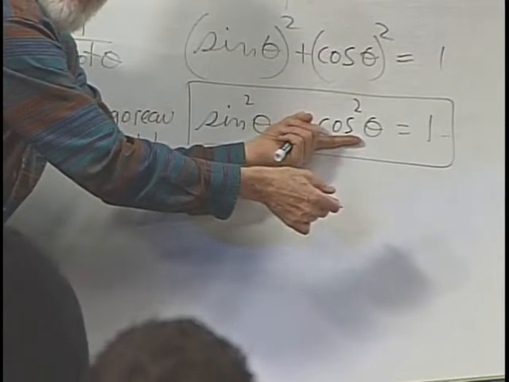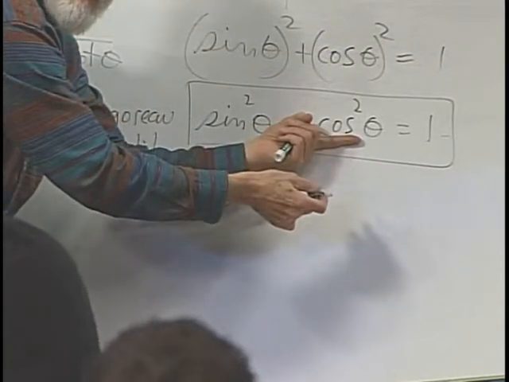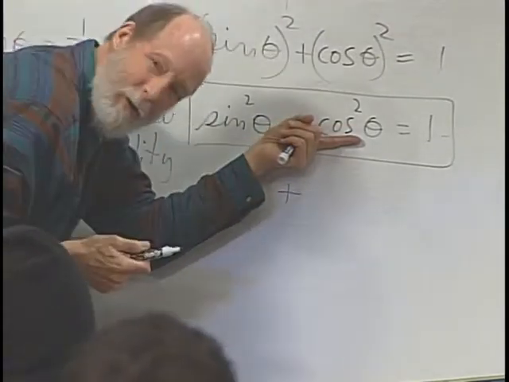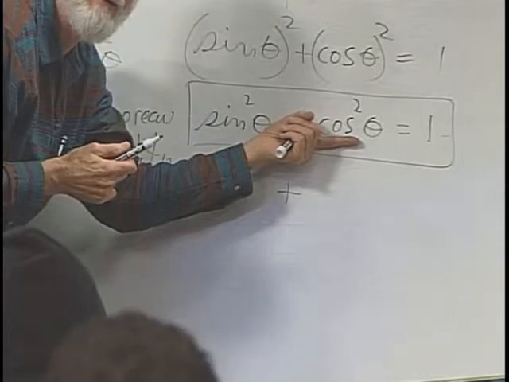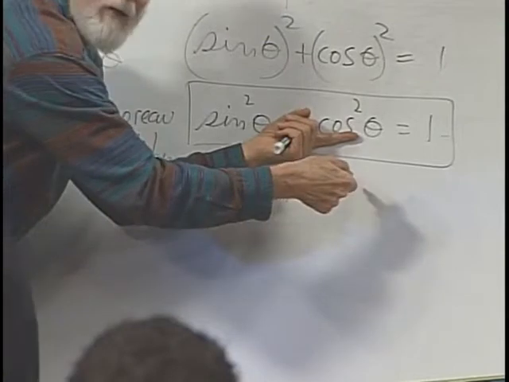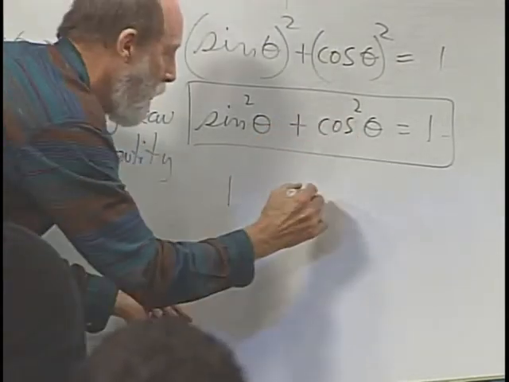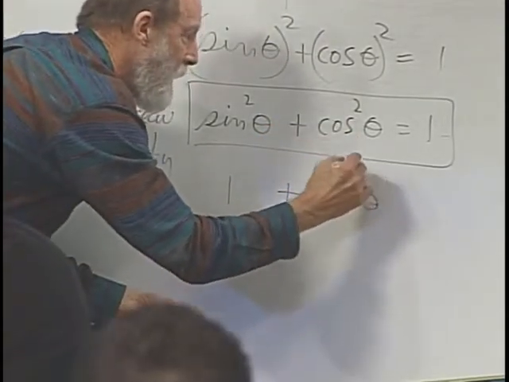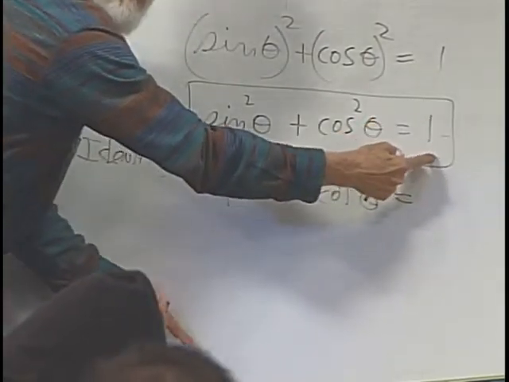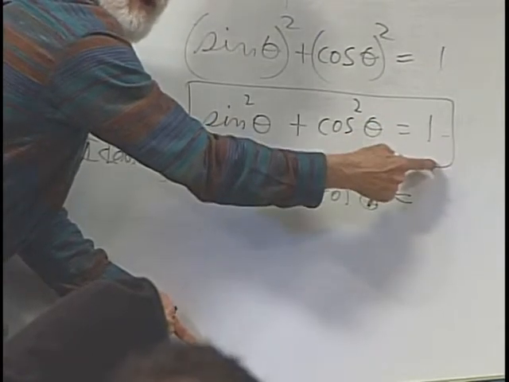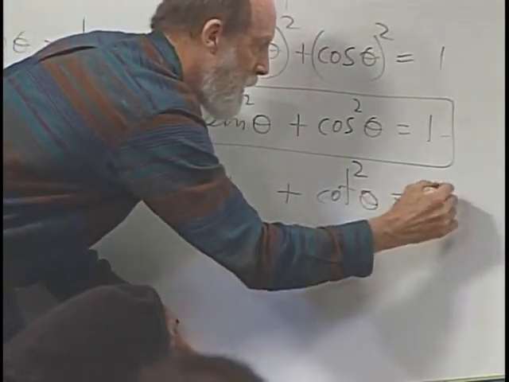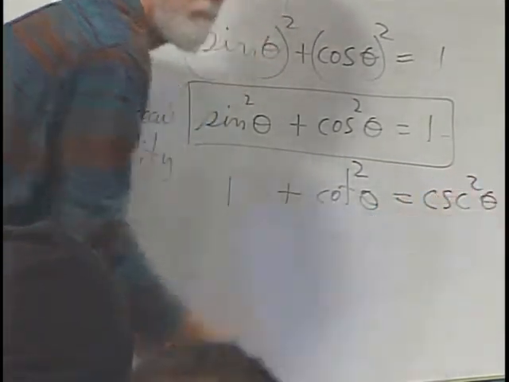Cosine over sine is cotangent, right? Sine over cosine is tangent. So I get the cotangent of the angle squared, and that's equal to 1 over sine squared. And 1 over sine of an angle is cosecant, so this is equal to cosecant squared of theta.